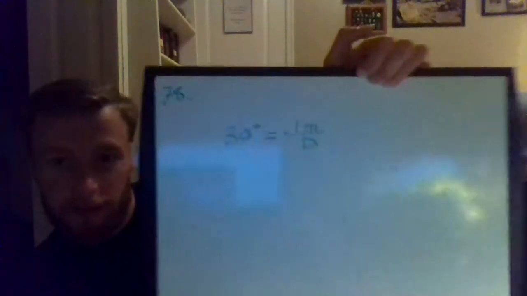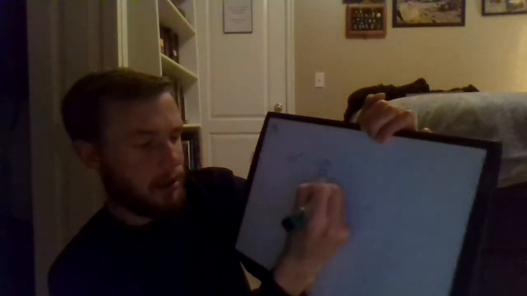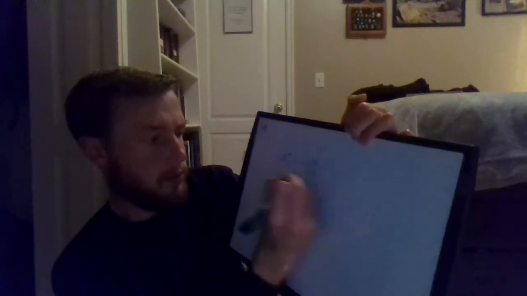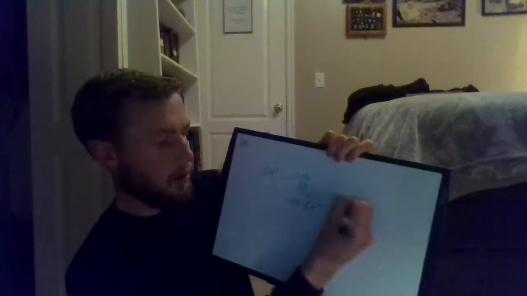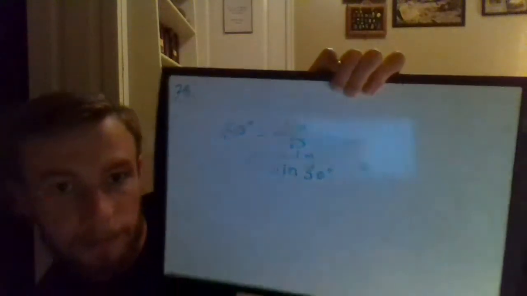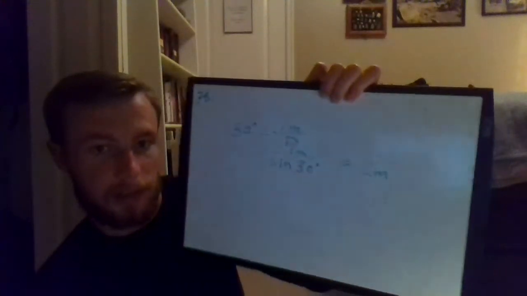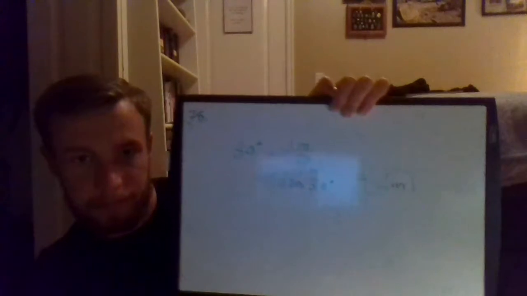The sine of 30 degrees, do that. That equals 2 meters. So the length of the ramp is 2 meters. That's part C.